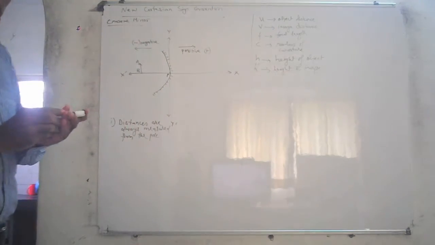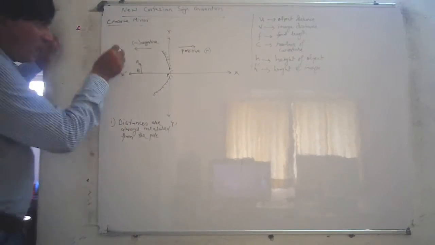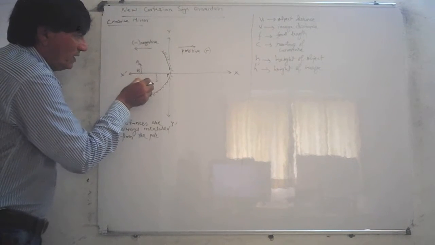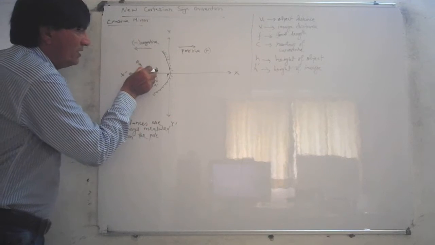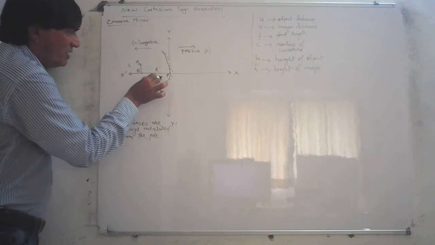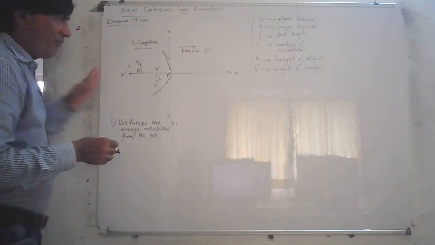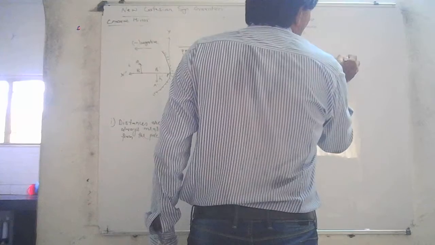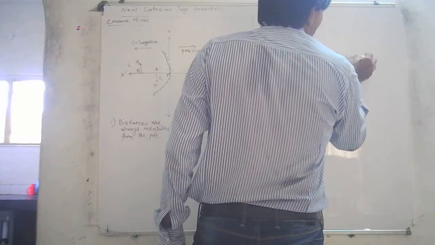Now, what you have to understand is, suppose the image is here. This is your A dash and B dash. This is H and this is H dash. H dash, that is height of image, is always positive.